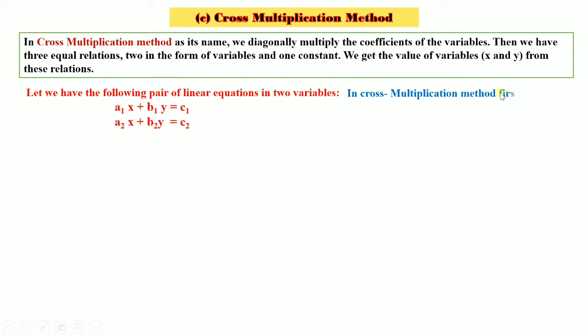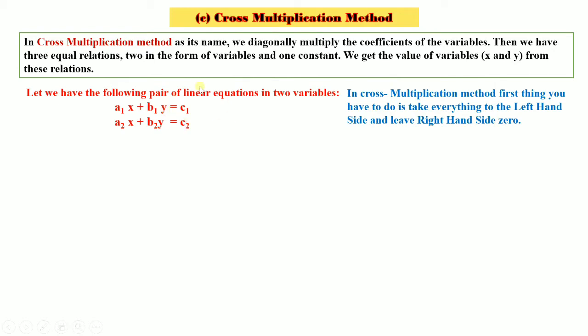In the cross multiplication method, the first thing you have to do is take everything to the left hand side and leave the right hand side as 0.